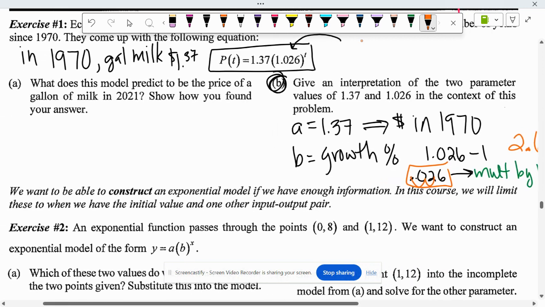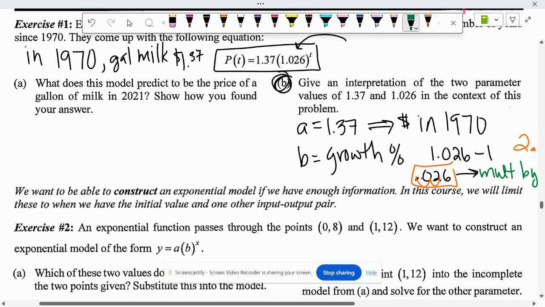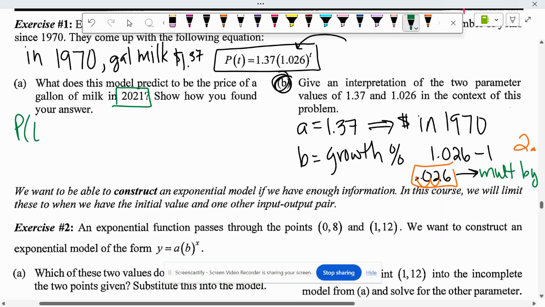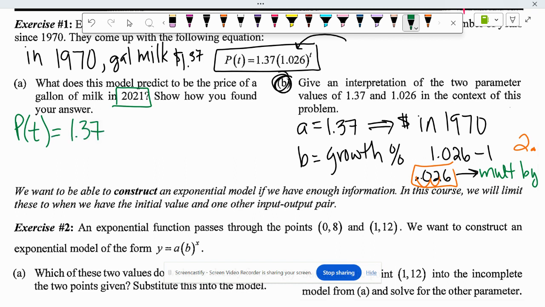So now we've explained our parameters. Question A says, let's use this function right here and predict how much a gallon of milk is going to cost in the year 2021. How am I going to do that?